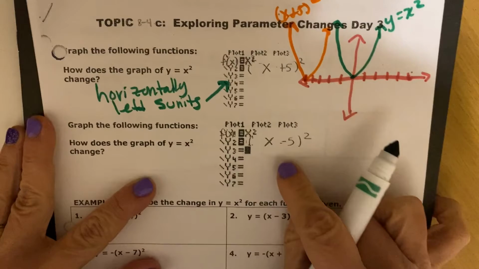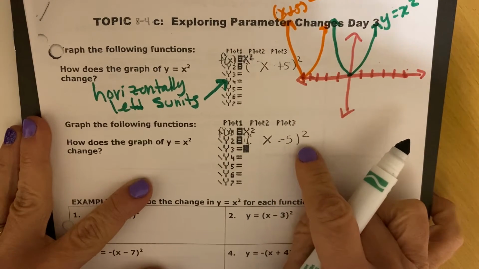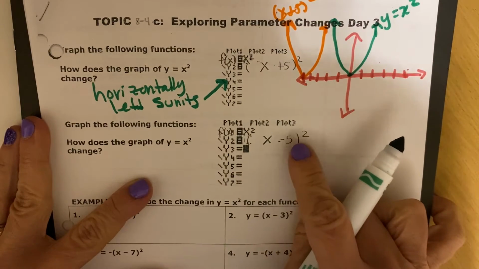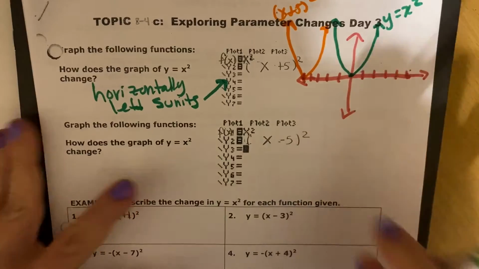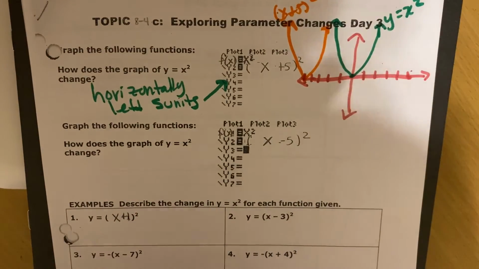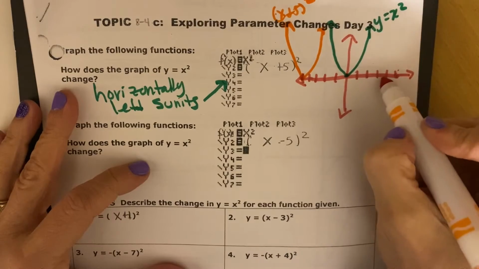So if I have (x minus 5) squared, I know that parentheses lie. So parentheses lie, and if this is a minus 5, I'm going to go to the right. So my vertex is going to move 5 to the right: 1, 2, 3, 4, 5.